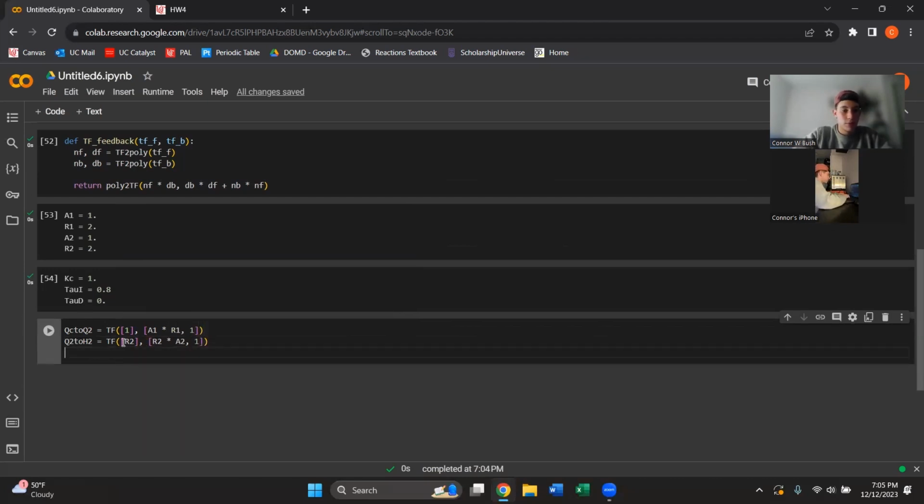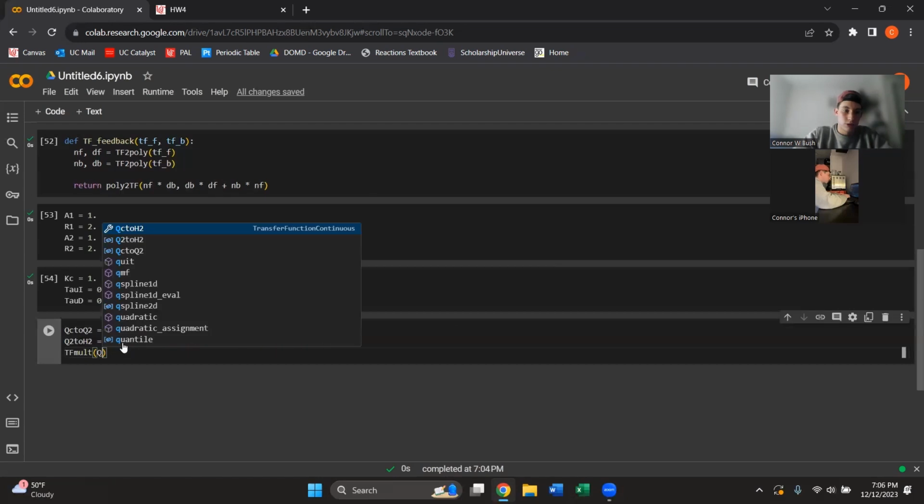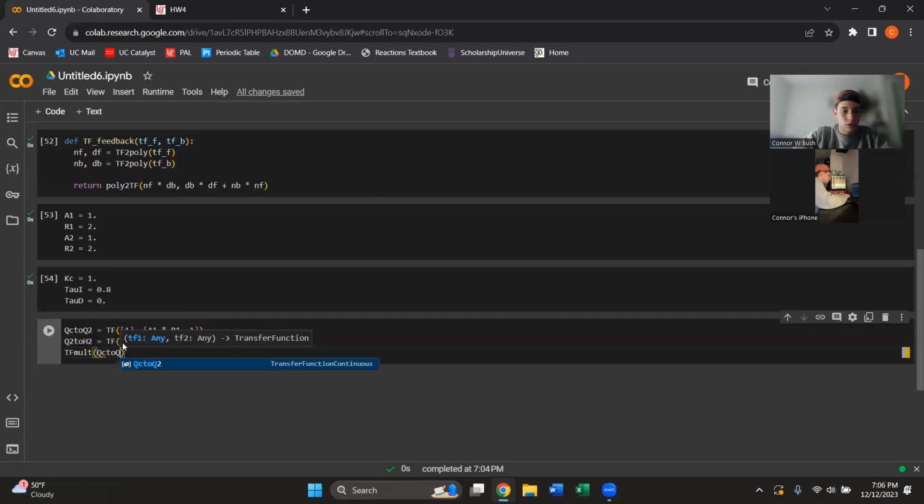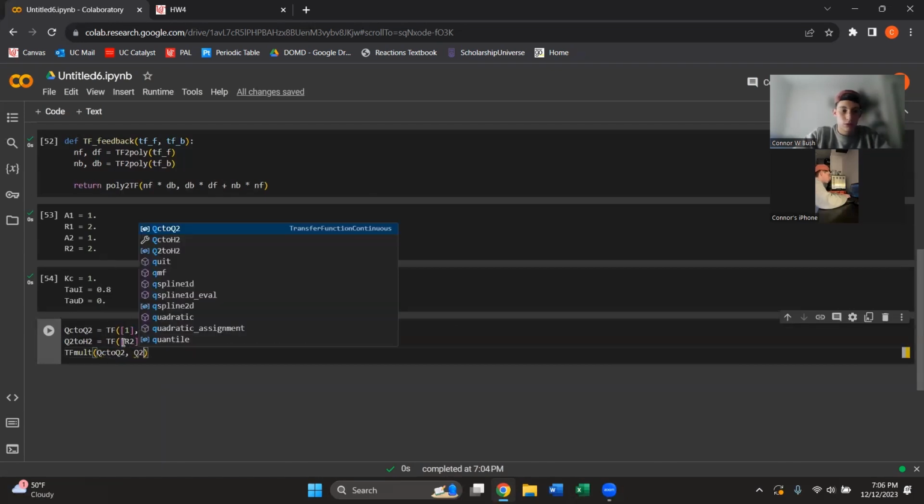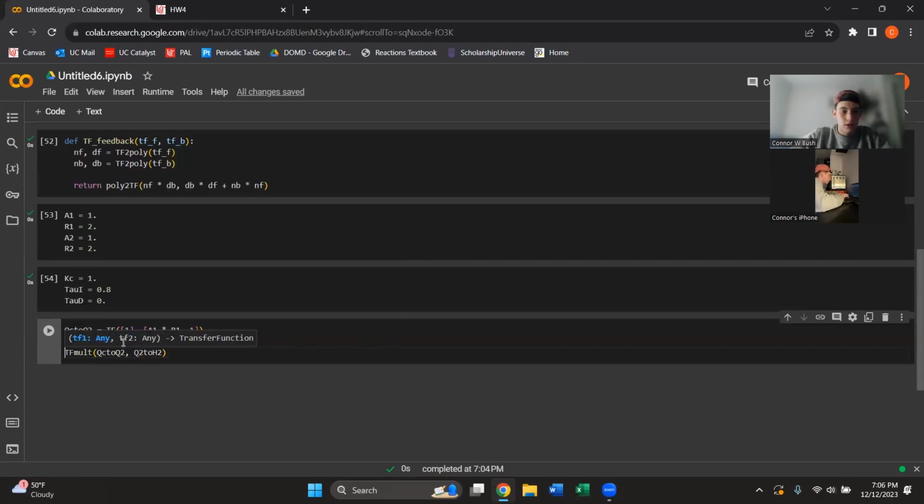And then if we multiply these, so our first transfer function is QC to Q2, and then our second is Q2 to H2. This we can call QC to H2.